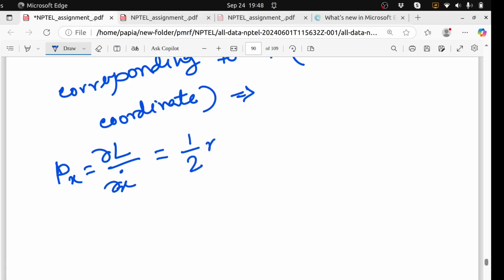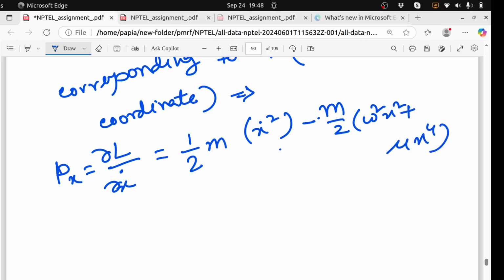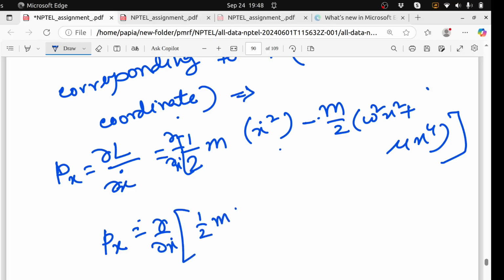So p x is del del x dot of half m x dot square minus m by 2 omega square x square plus mu x to the power 4.